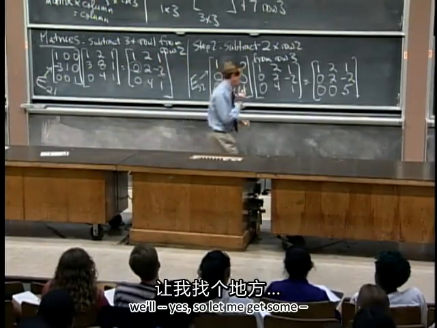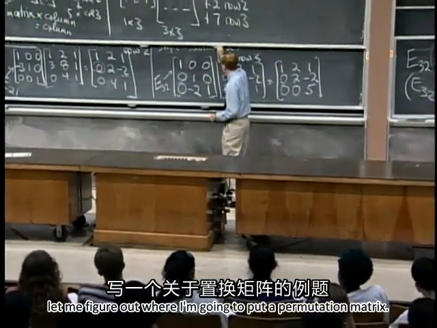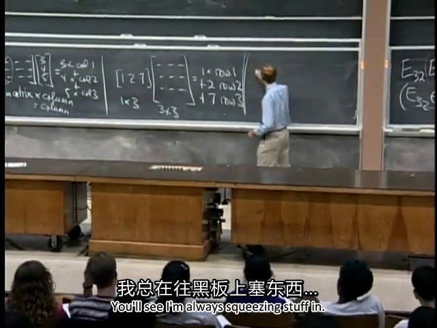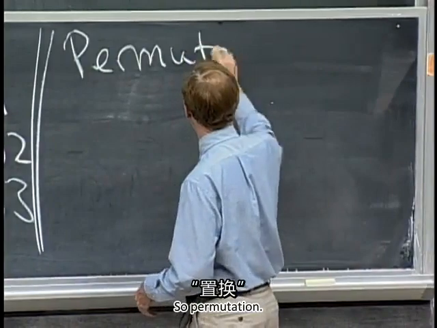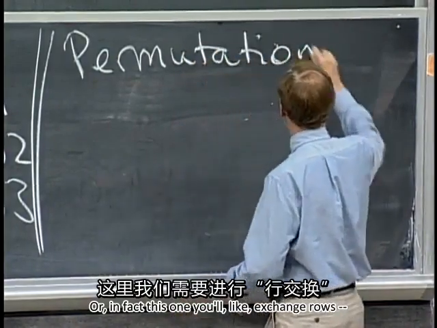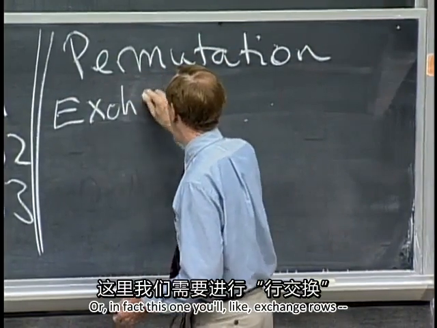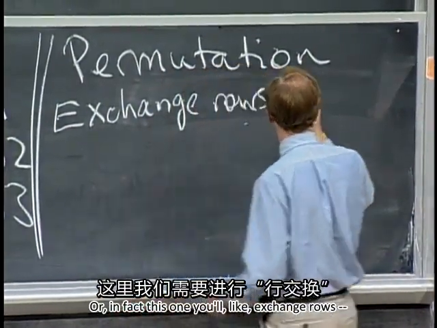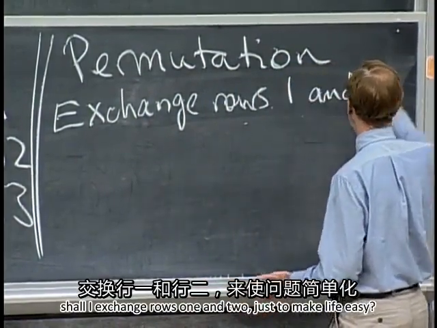Let me figure out where I'm going to put a permutation matrix. You'll see I'm always squeezing stuff in. So permutation, or in fact, this one exchanges rows. Shall I exchange rows 1 and 2 just to make life easy?